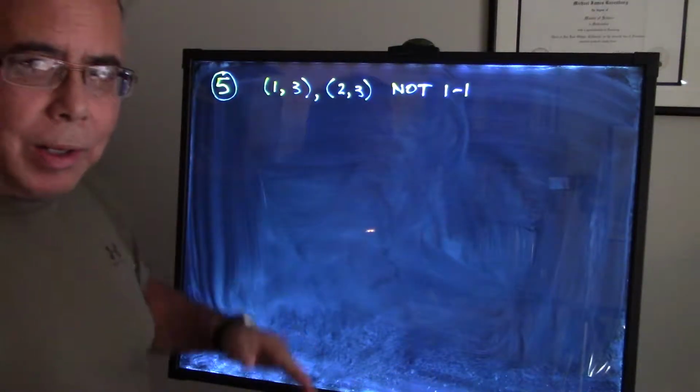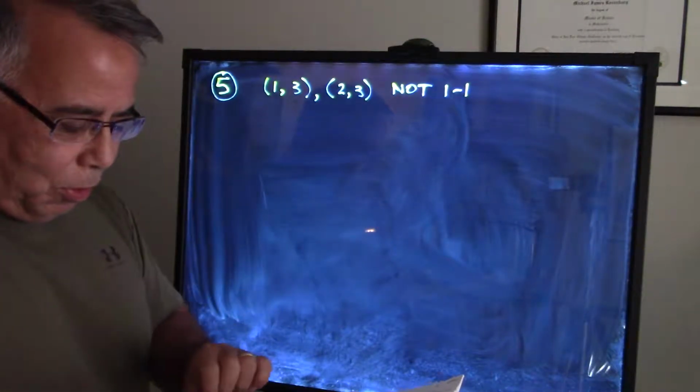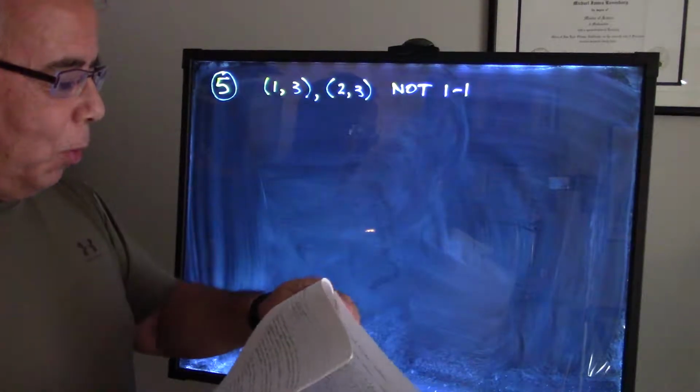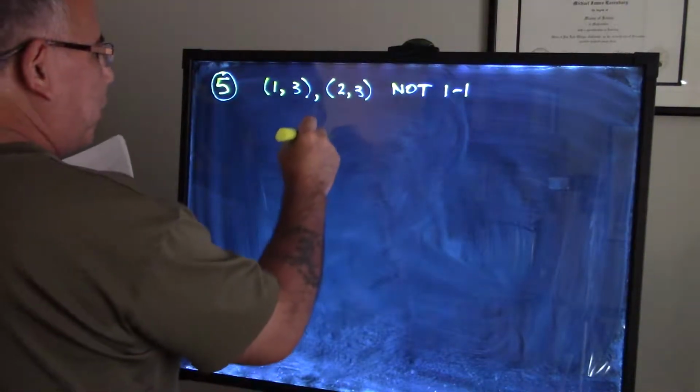You draw a horizontal line through. It'll touch those in more than one place. Touch the graph of this relation, that is, in more than one place. So, for example, 1, 3 and 2, 3.